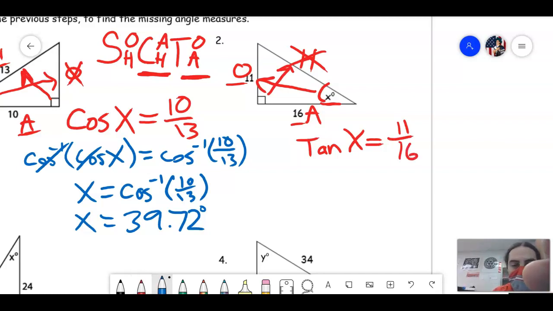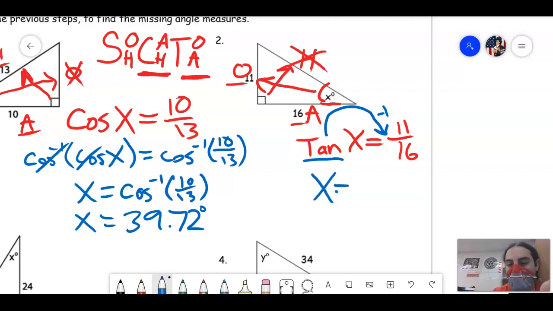Now here's the trick. If I want to get X by itself, I can move this tan to the other side, but it has to be inverse. That's the trick. So if you want to kind of save this step right here, you don't want to have to write this step, then you can go ahead and just do that. So tan moves to the other side with an inverse.